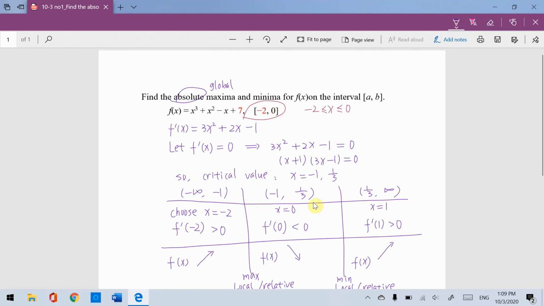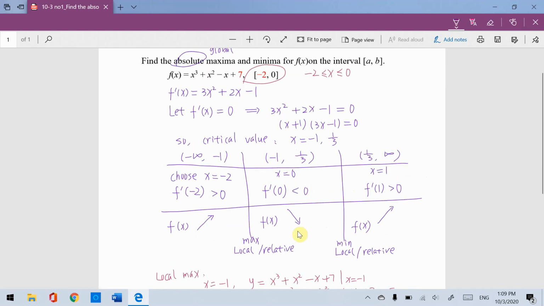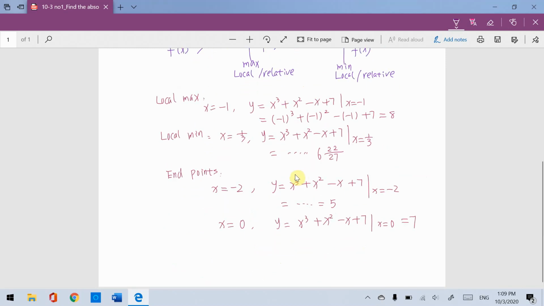We got 2 local critical points, the maxima and the minima, which are local or relative. Also, we have the 2 given endpoints. So now let's see which y is biggest. You see here, 8 is the biggest, right?